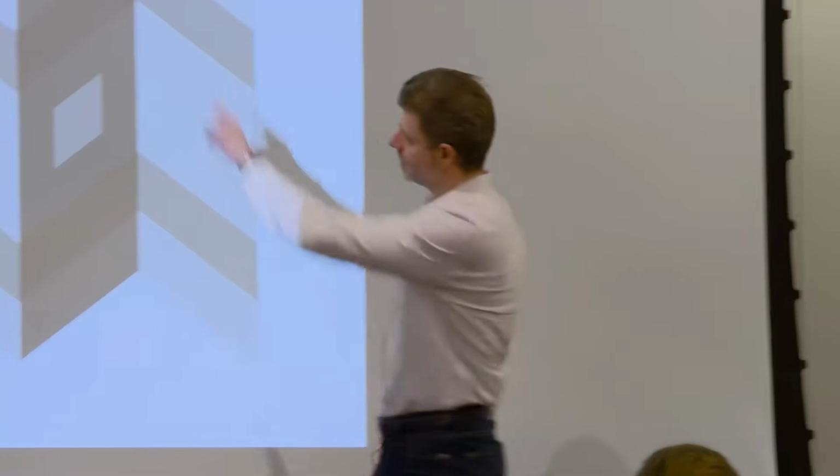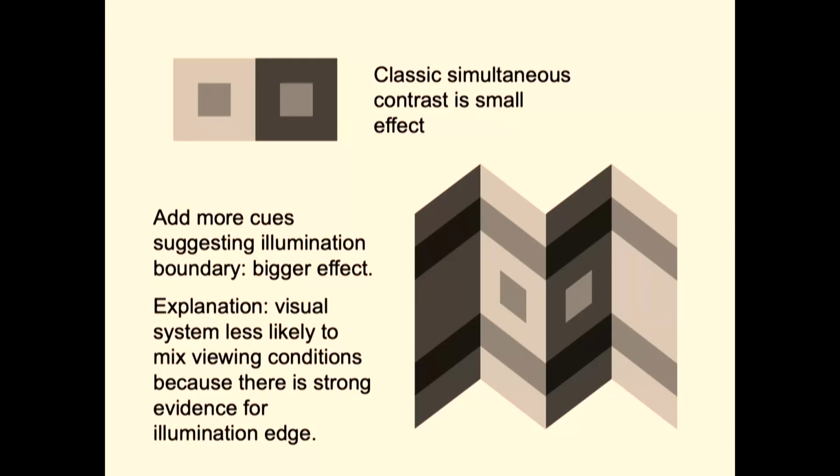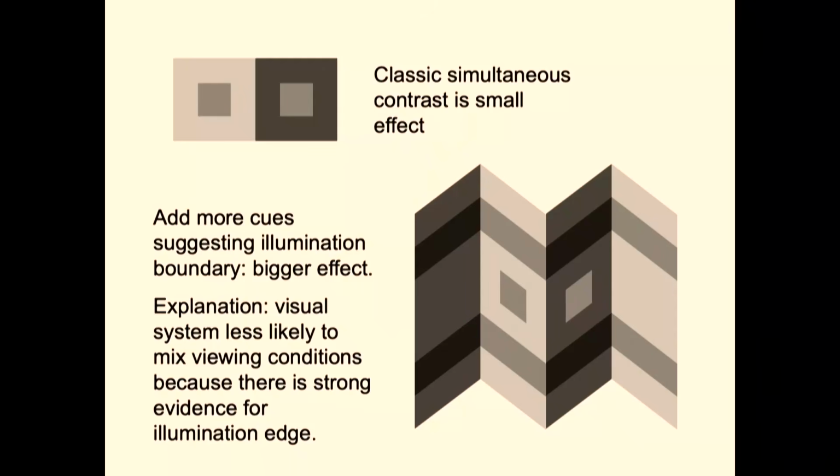And so the visual system is less likely to mix up the viewing conditions, right? Whereas in the classic simultaneous contrast, that could be an illumination boundary, but you don't have very strong evidence for that, right? So it could be partially influenced by the stuff on the other side. Okay. So that's a hand-wavy indication of how some of this might work.